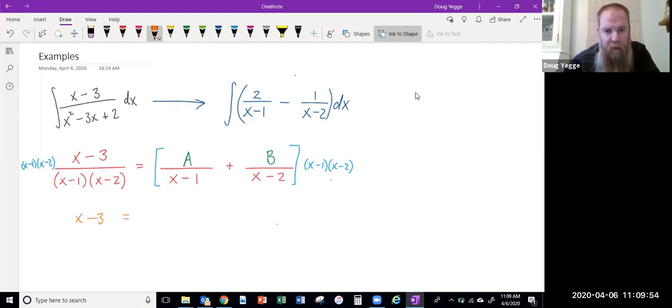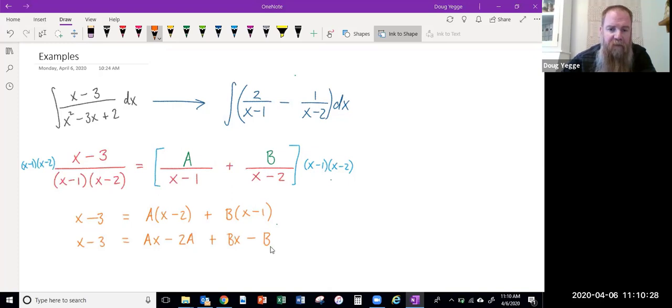And on the right side, we're left with a times x minus 2 plus b times x minus 1. So we just canceled out the common denominators and wrote what was left. And if we expand this a little bit more, we get x minus 3 is equal to ax minus 2a. And then for the second one, we get bx minus b.